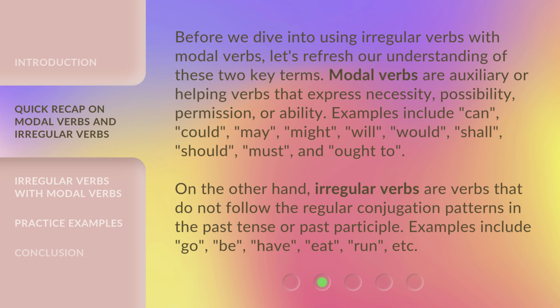Examples include can, could, may, might, will, would, shall, should, must, and ought to. On the other hand, irregular verbs are verbs that do not follow the regular conjugation patterns in the past tense or past participle. Examples include go, be, have, eat, run, etc.